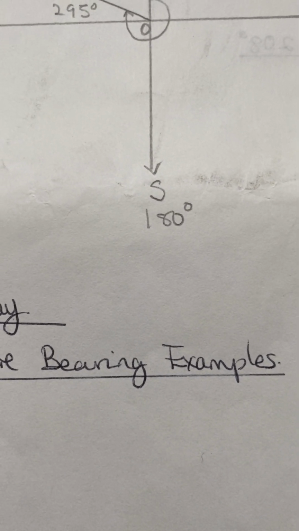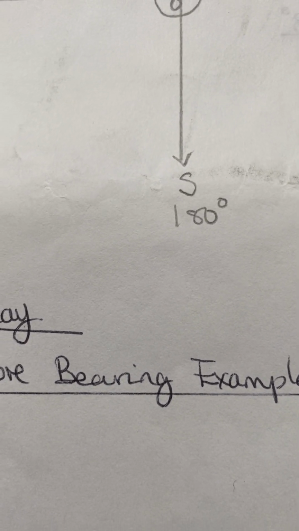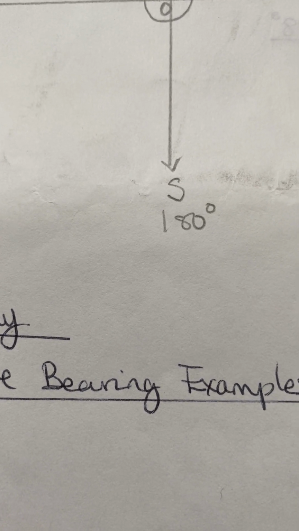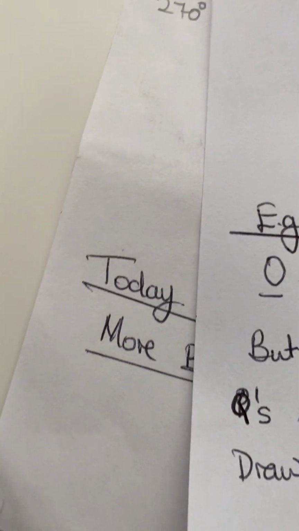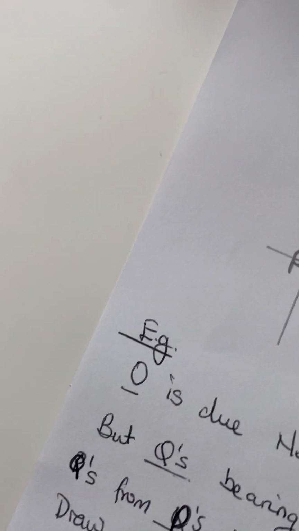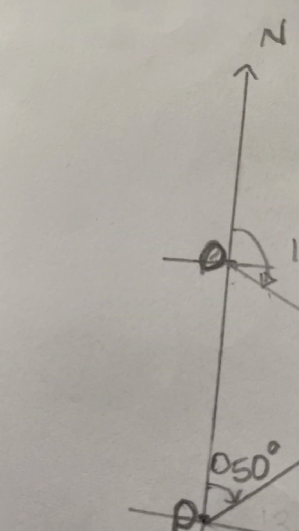Now today we want to go a step further and look at some bearing examples, after what we've just practiced and the recap we've just done. Bearing at times, because of the measurement and the language, can be a bit confusing.